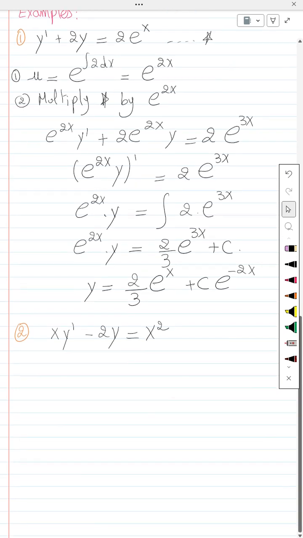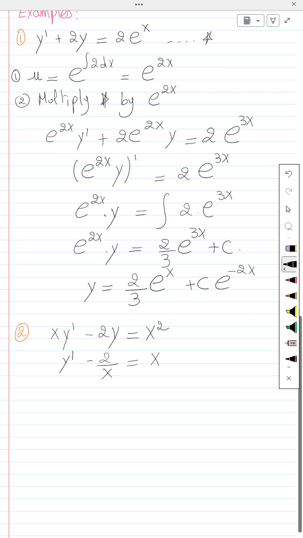The first step that you need to do is to make the coefficient of y prime, as already said, as 1, so we need to divide by x. It's going to be y prime minus 2 over x y is equal to x. Since we divide by x, x over x is going to be 1, minus 2 over x, and x squared over x is going to be x.